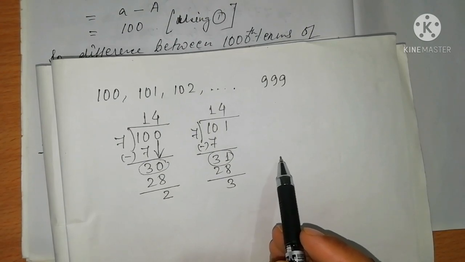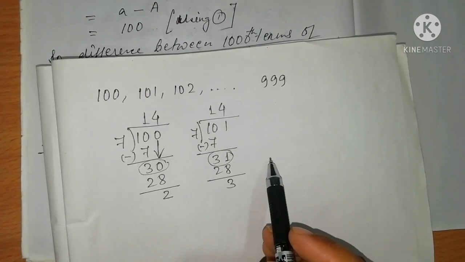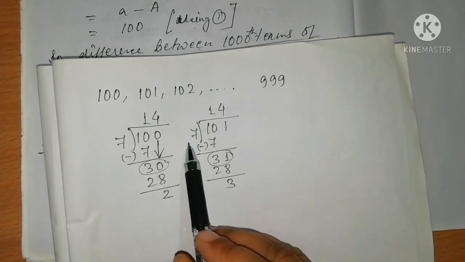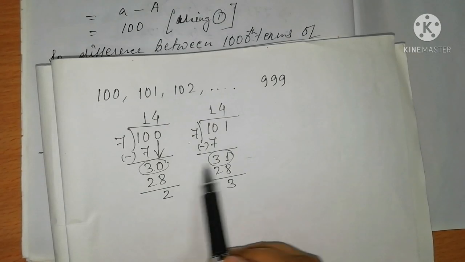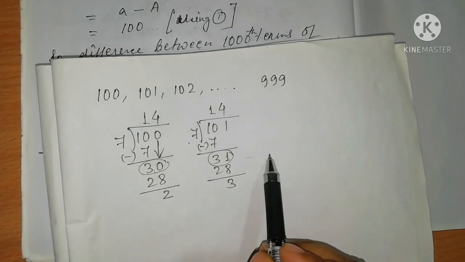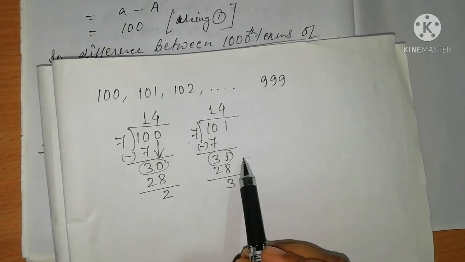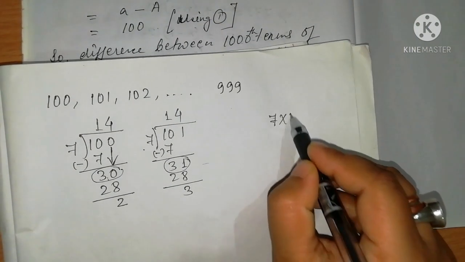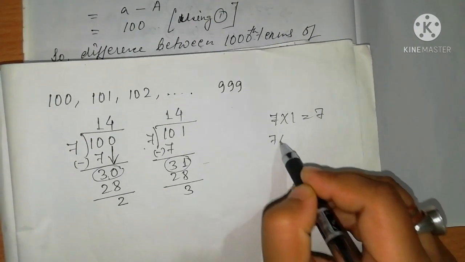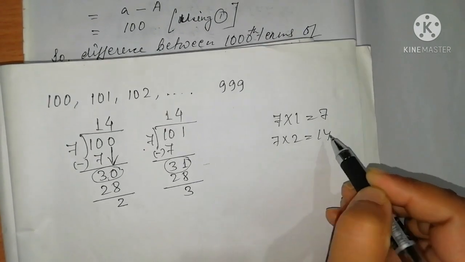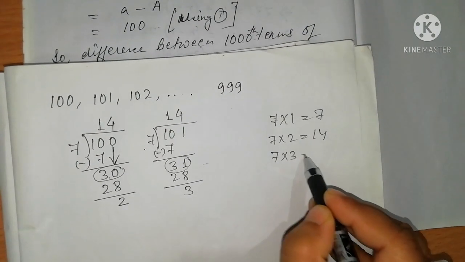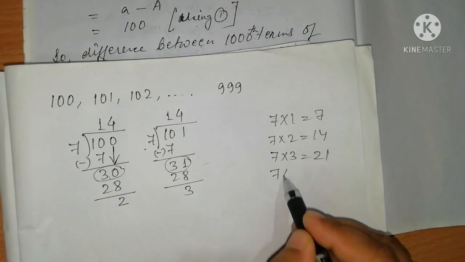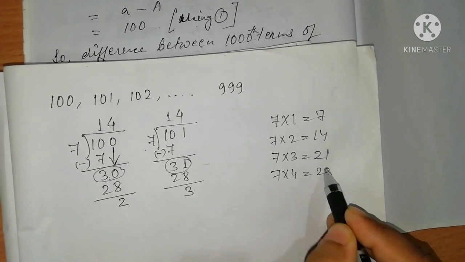Now just a trick, think for the multiplication table of 7 nearby 30, 31. That means multiplication table of 7. 7 1s are 7. 7 2s are 14. 7 3s are 21. 7 4s are 28.